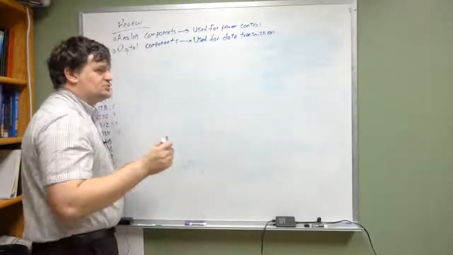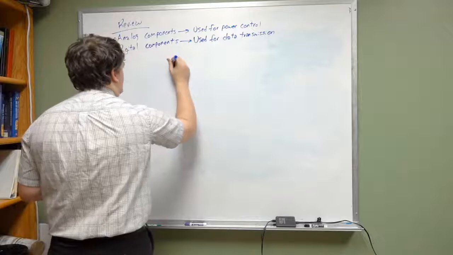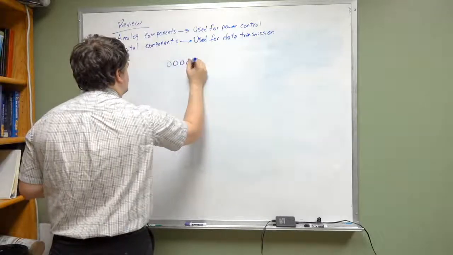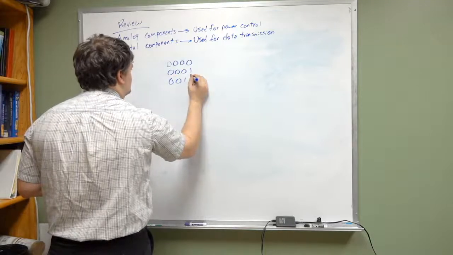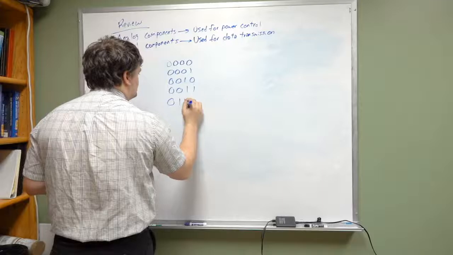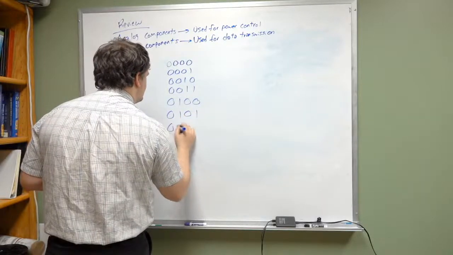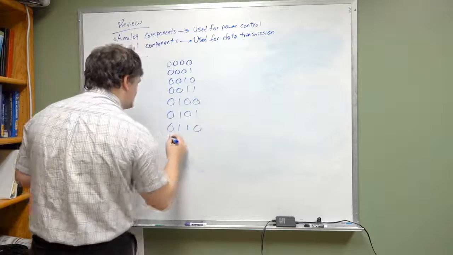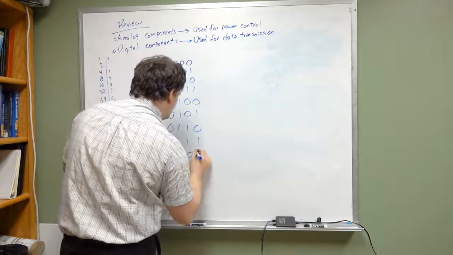Now, let's say we were to try to count to 4 in binary. We'll start with 0, 1, 2, 3, 4, 5, 6, 7, 8.